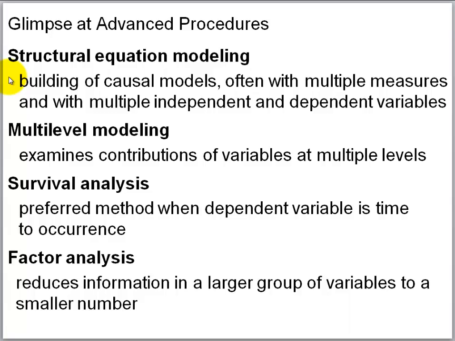And indeed, one variable might be a dependent variable with respect to a second variable, and then on the other hand it could be an independent variable with respect to another variable in our model. So we have causal models similar to, but more complex than we covered in chapters 10 and 11.